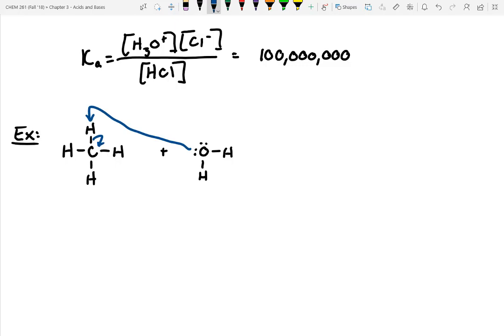So it's going to steal one of those protons off of methane. And we can show the equilibrium arrows. All right, now we've got our conjugate base. So we'll write that down. And we've got our conjugate acid.